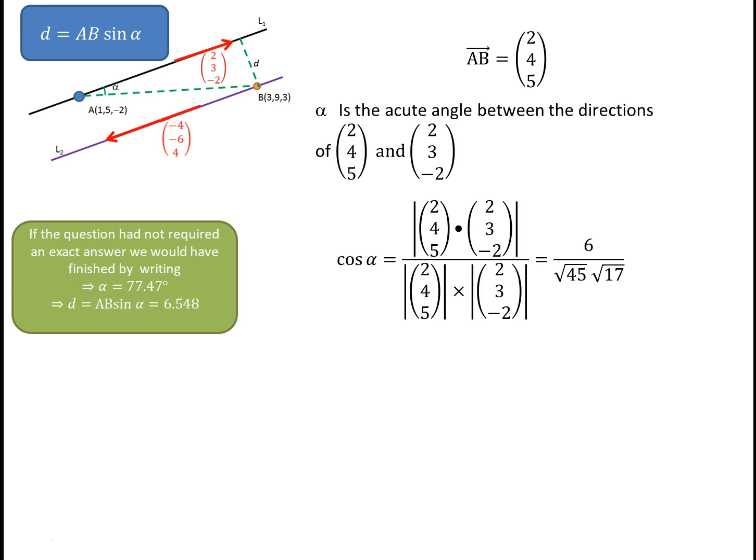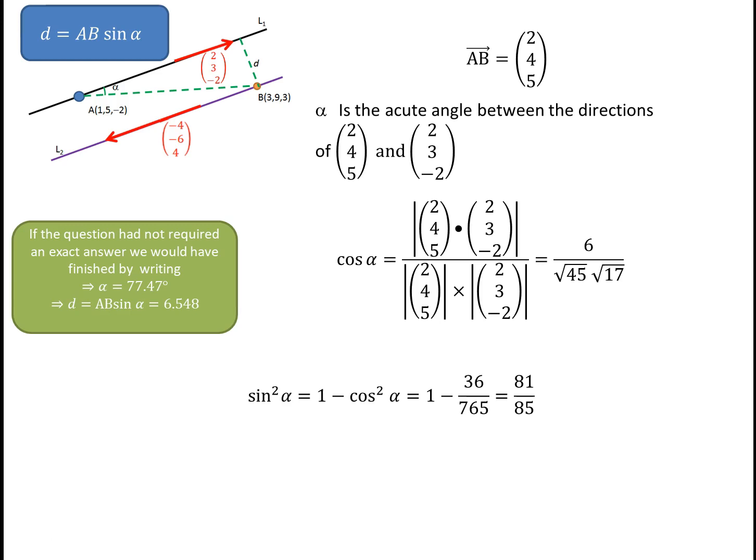So what we need is an exact value for sine alpha. We know an exact value for cos alpha. Well, that's easy enough. We can just use the fact that sine squared alpha is 1 minus cos squared alpha. 1 minus cos squared alpha is 1 minus 36 over 765.